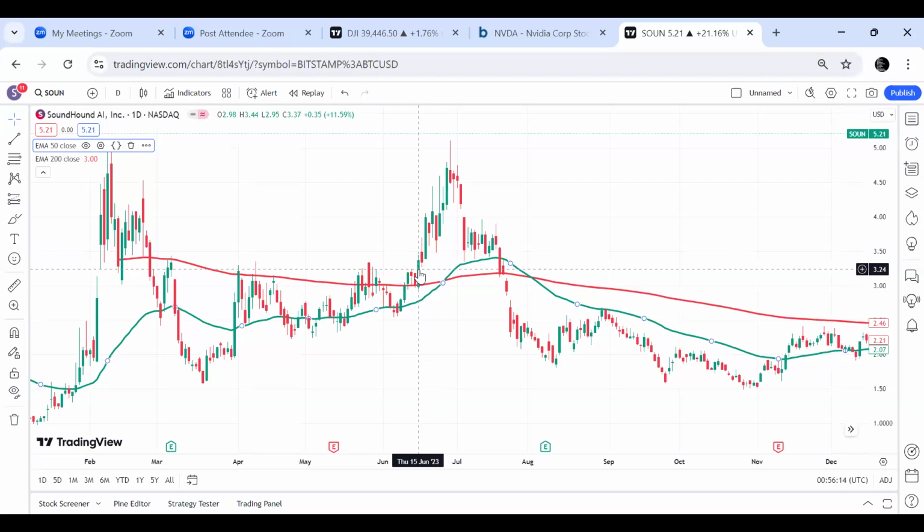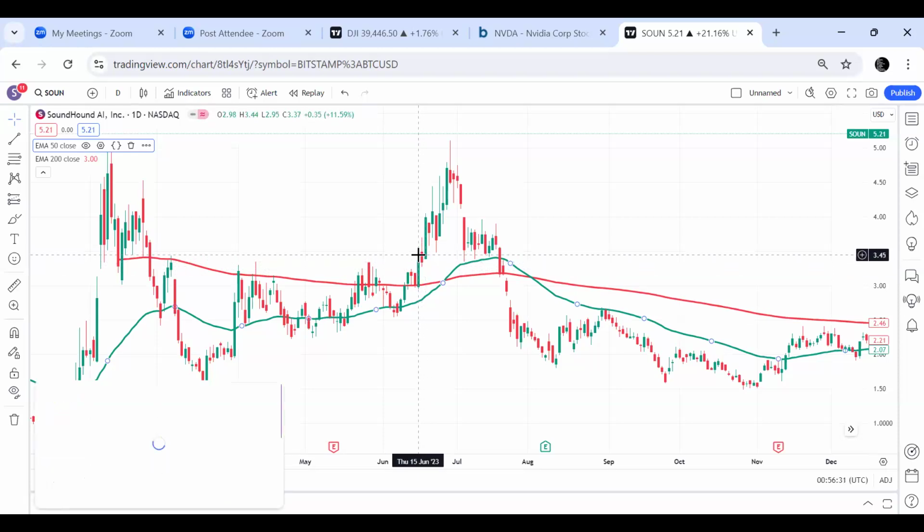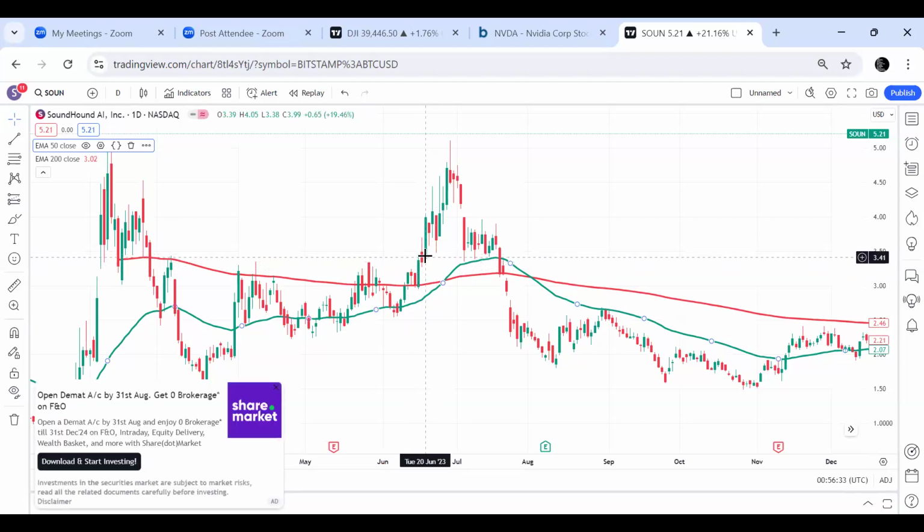But if I just purchase based on this green candle, it may be false, it may be a trap. So the confirmation happens on the other day, when the highest level of this green candle breaks.